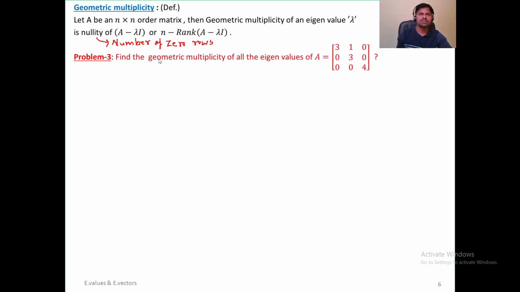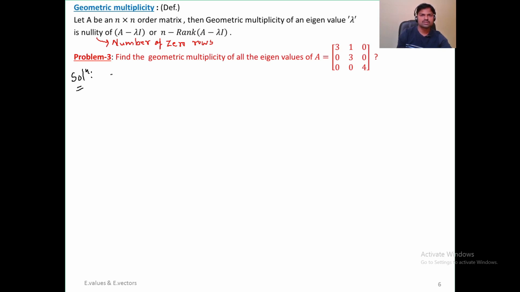Let's have one problem, then it will be very clear. The question is to find the geometric multiplicity of all the eigenvalues of this matrix. So first, what are the eigenvalues we want? We can find the characteristic equation, or simply look, this is an upper triangular matrix, right?